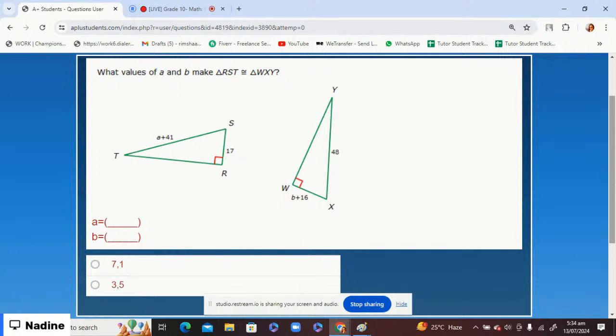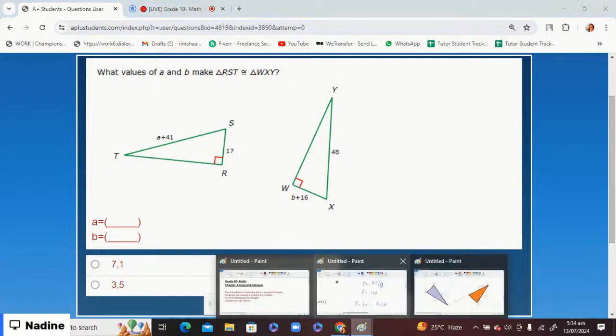Or otherwise, the other thing can also happen. Like in place of A, if you put 7, this becomes 7 plus 41, which is 48.